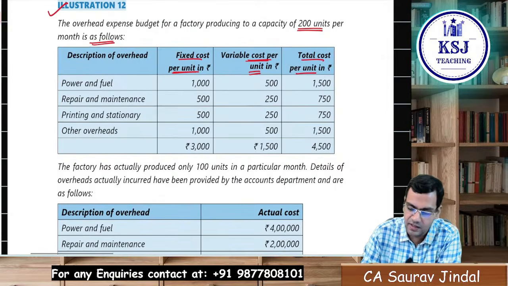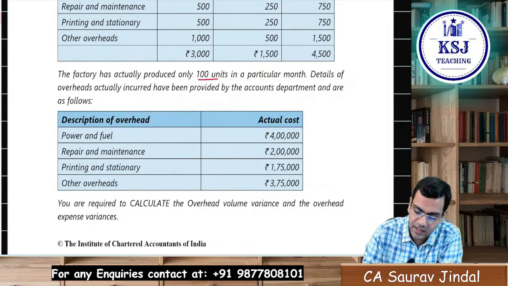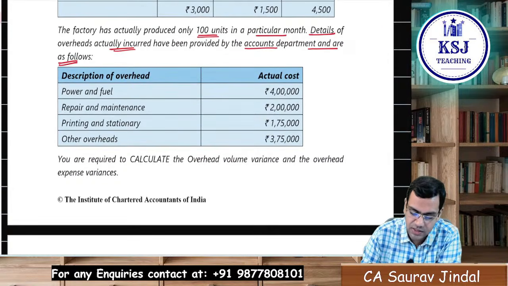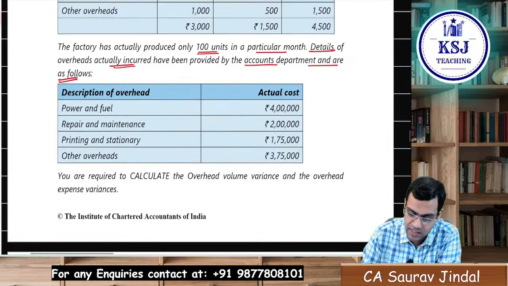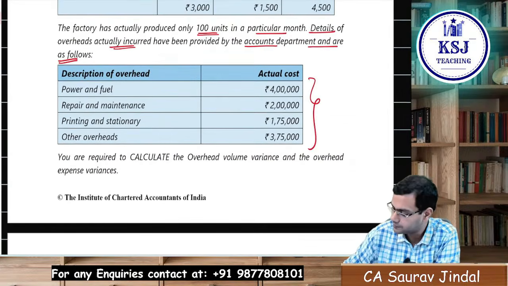The factory capacity is 200 units, but actually what they have produced is only 100 units in a particular month. The details of the overheads actually incurred have been provided by the accounts department and are as follows. Power and fuel, actual cost is given. Repair, maintenance, printing and stationery and other overhead, the actual cost is given. What is the total cost here?